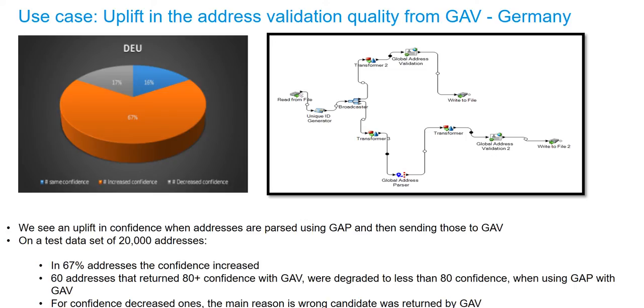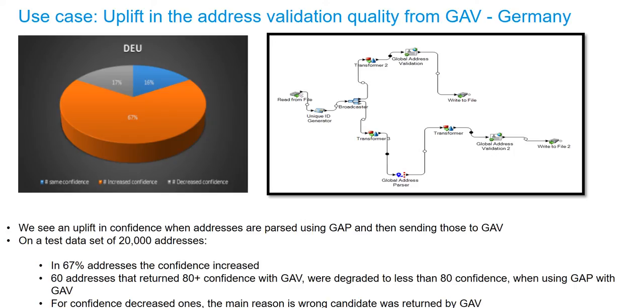So if an input address comes and the software tags it as valid, what it implies is that there is an actual address with that, and the address is actually deliverable.